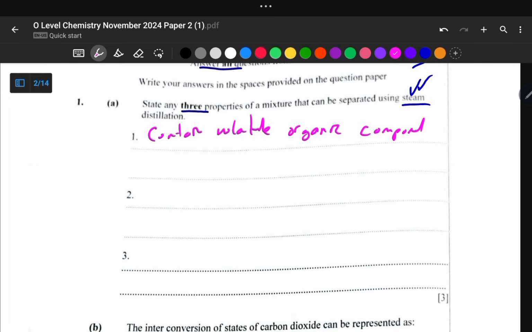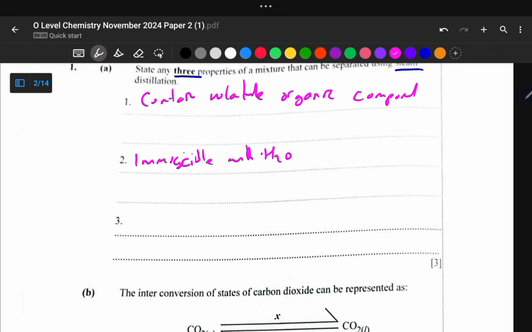And then the next one, they must be immiscible with water, right? This is the second. And then why? Because the organic components must not dissolve in water, so that it can allow the separation to be into distinct layers.